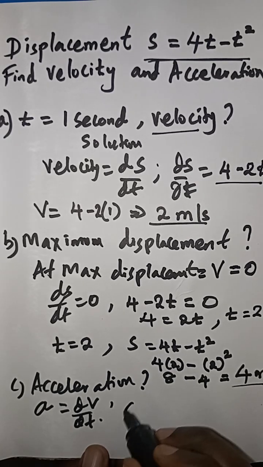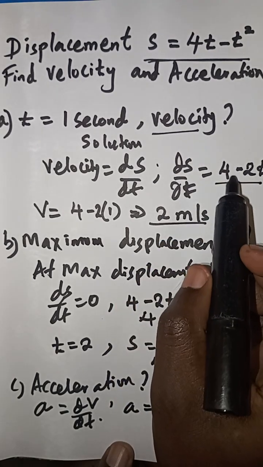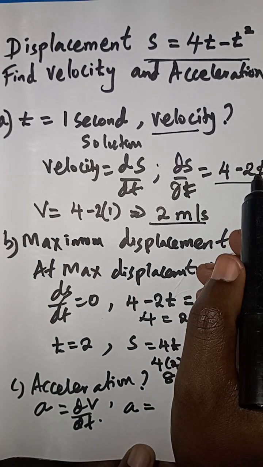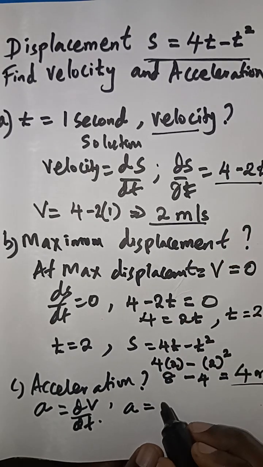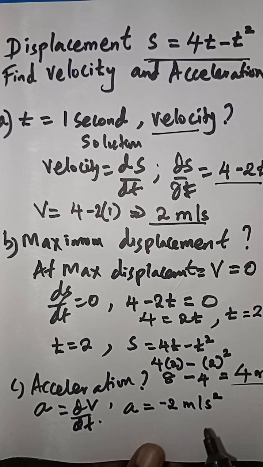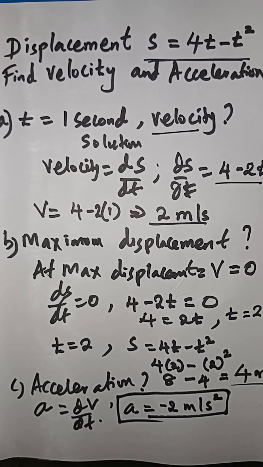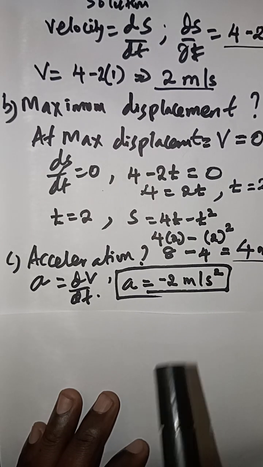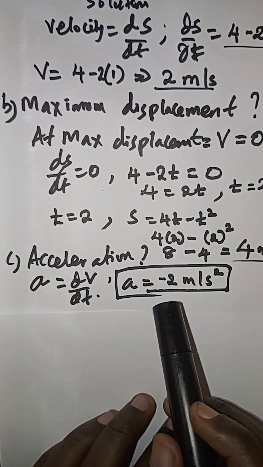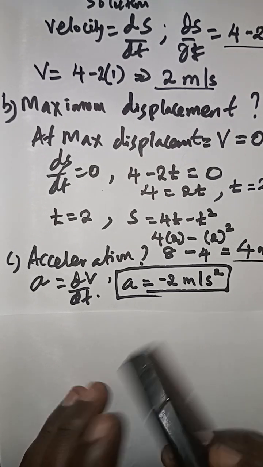Taking its derivative, when I differentiate the 4 it disappears, and when you differentiate the minus 2t, it remains negative 2 meters per second squared. What does this mean? This means that the acceleration of the body is constant all through, at negative 2.